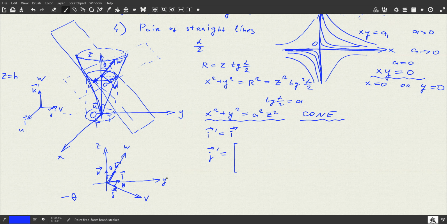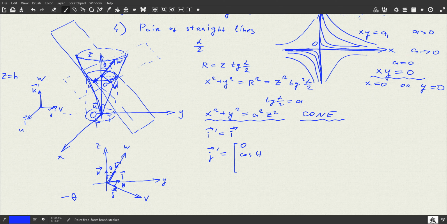Its projection to x is obviously 0, projection to y is cosine theta.